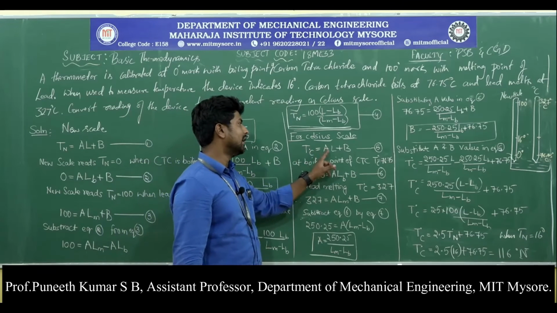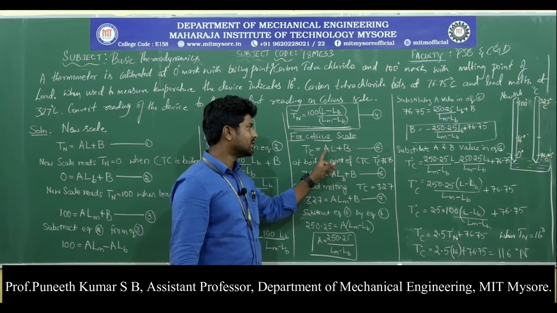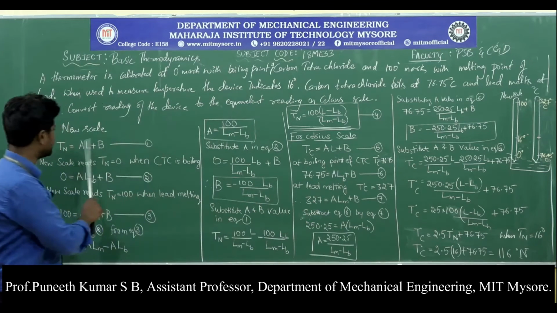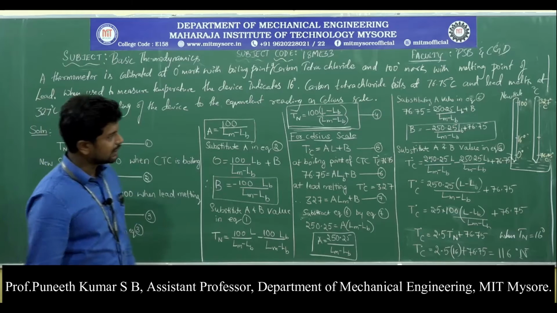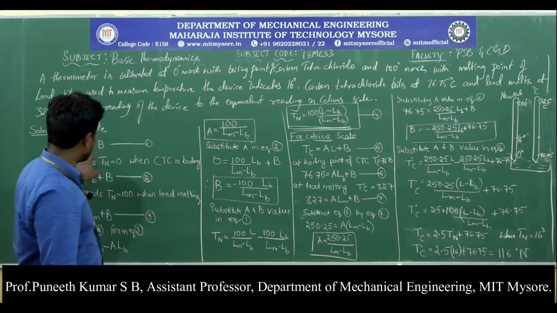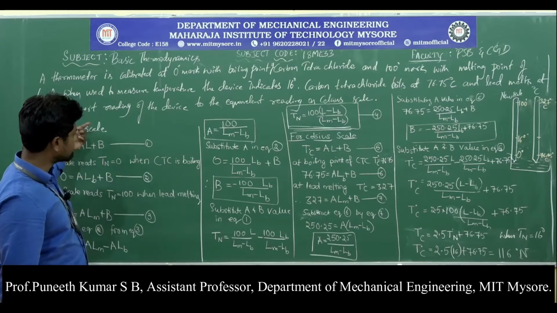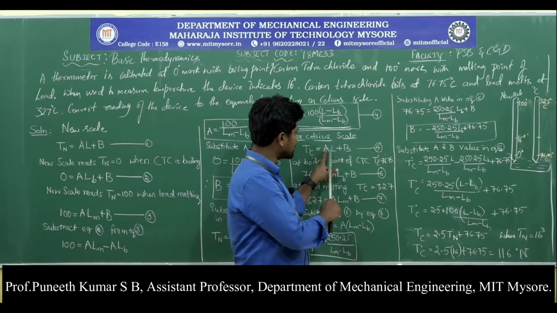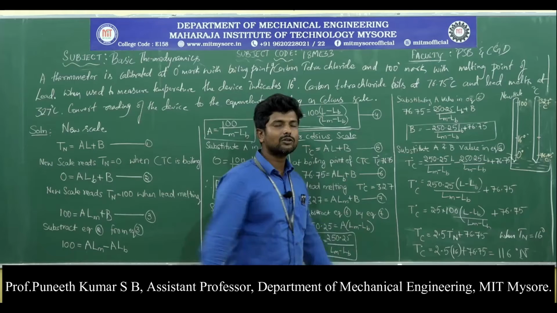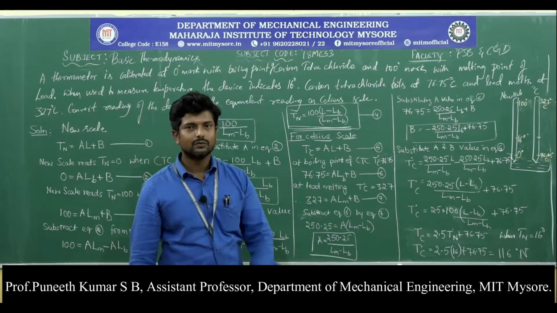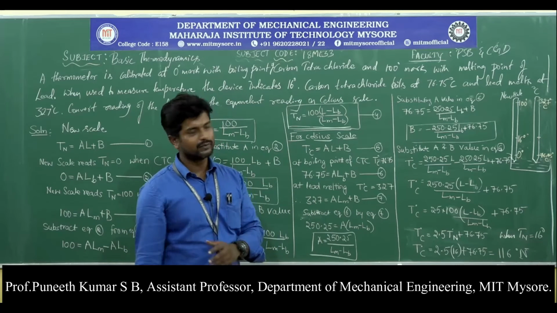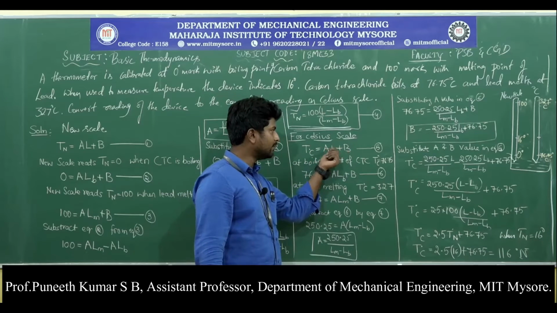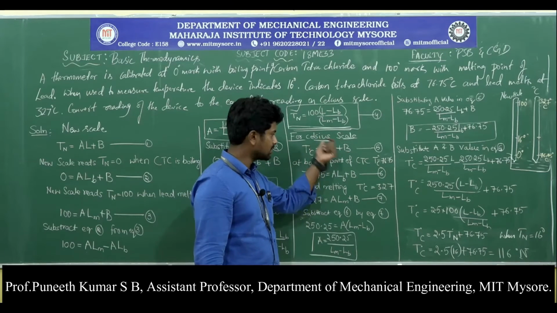Here also I have constants A and B. We have used the same notations A and B in both equations, but the A and B in the first are the constants of the new scale, whereas the A and B in this equation are the constants of the Celsius scale. We are not supposed to get confused or mix them up. So while I am saying A and B now, these are the constants A and B of the Celsius scale.